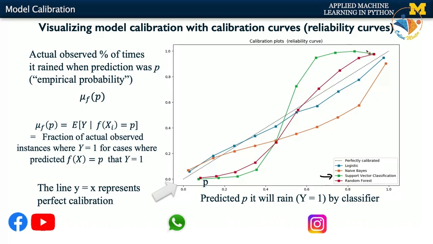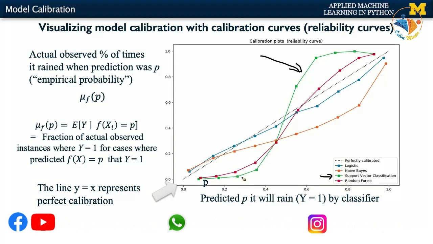which is the topmost green line, we can see that in some cases, the predicted probability of 0.6 actually understates the empirical probability. So instead of being an empirical probability of 0.6, what we actually observed was something closer to 0.8.